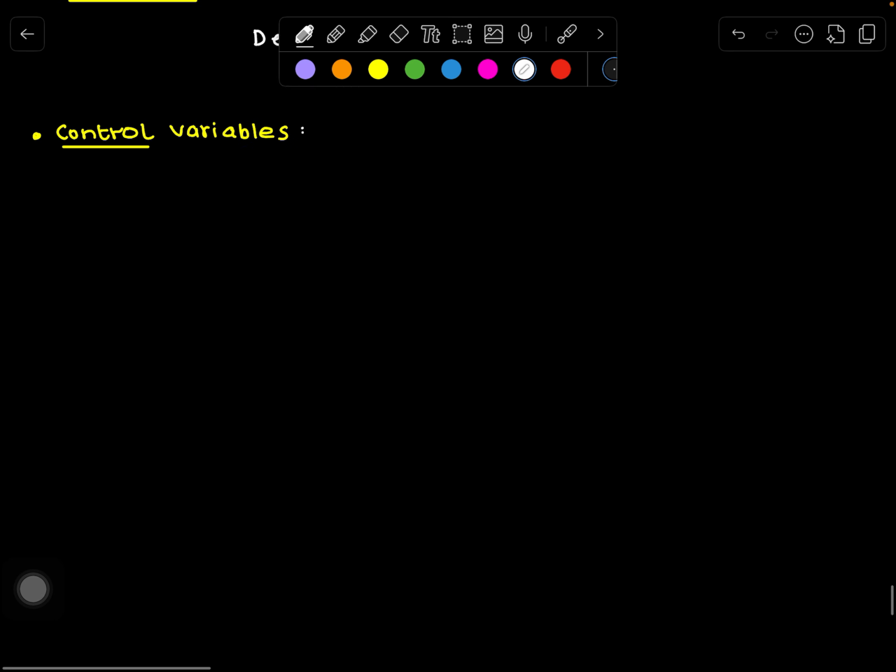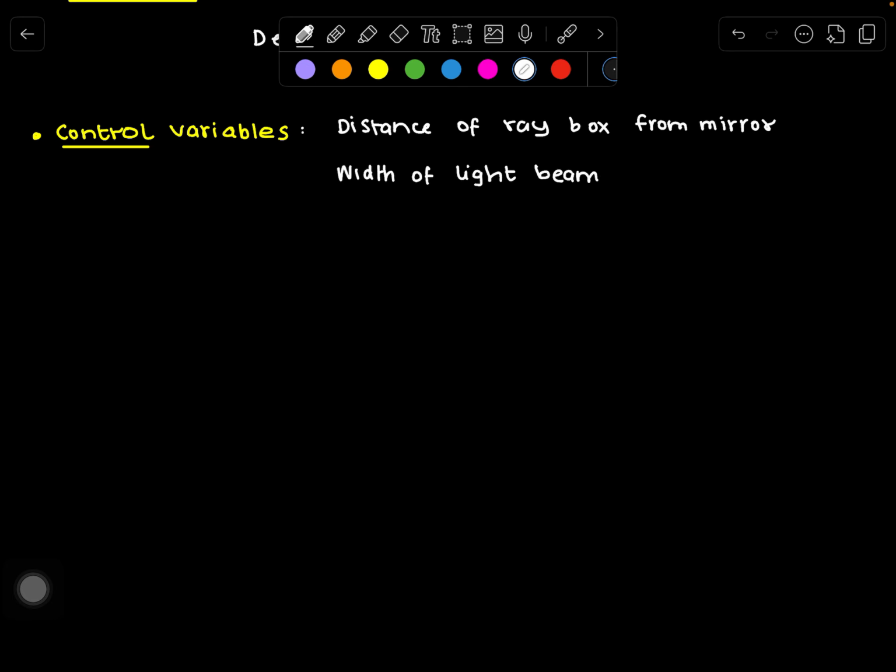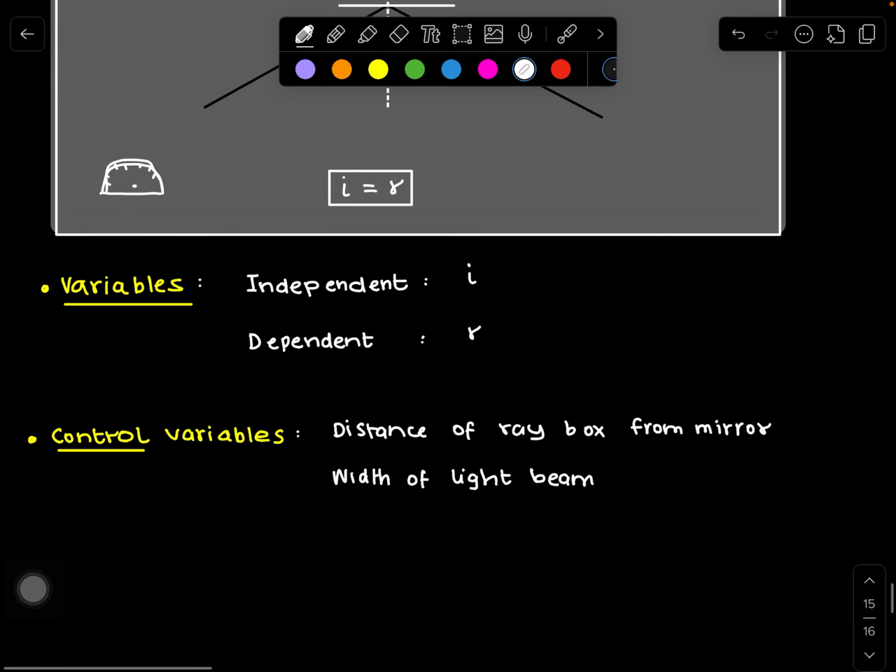You can list 1 to 2 control variables, जैसे कि distance of ray box from the mirror. या फिर width of the light beam. Width of light beam.